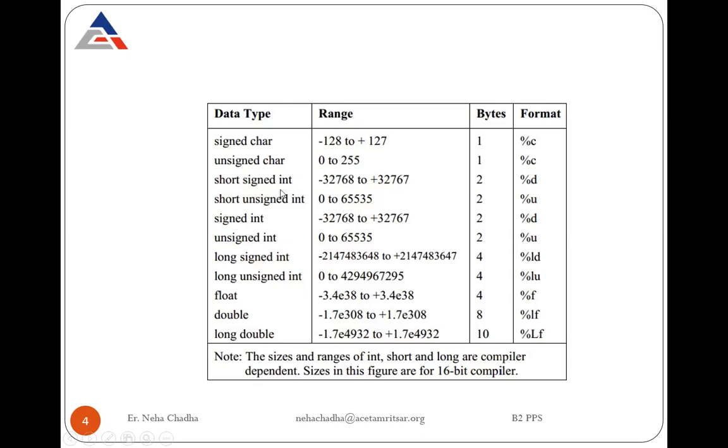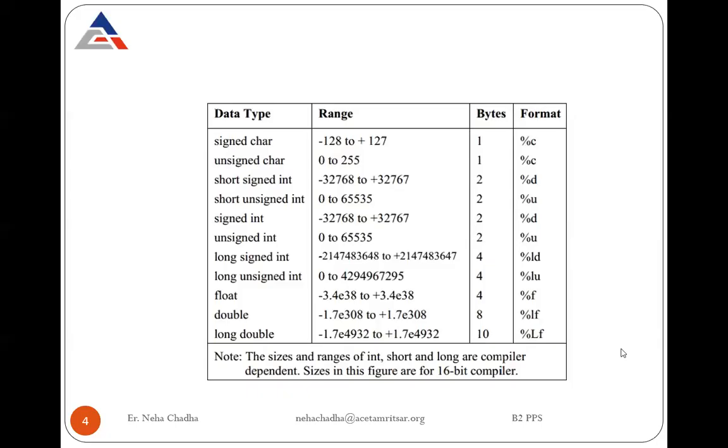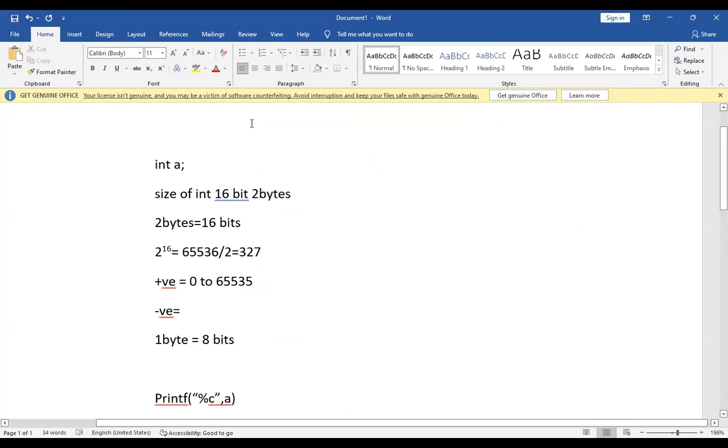For signed, 65536 will be divided into two parts. It will become 32768.